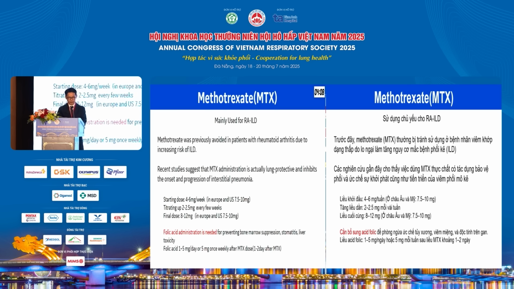Starting dose is 6 mg per week, but in Europe and the US it is 7.5 to 10 mg, and in Asian people, a lower dose is considered.